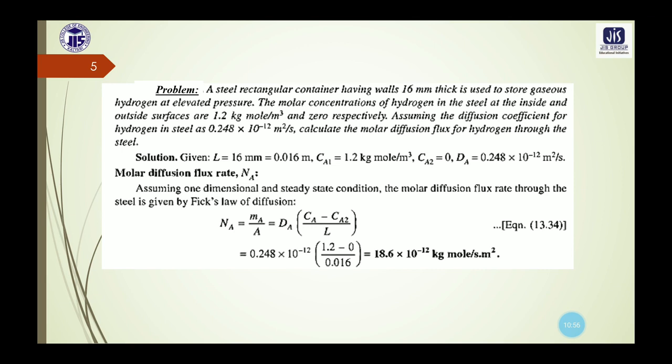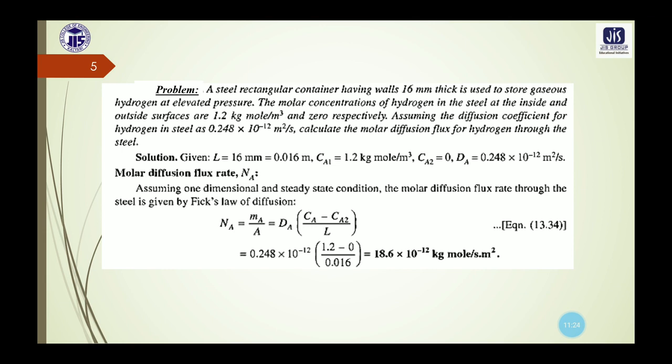To calculate the molar diffusion flux rate, that is NA, which is MA by A, we need to use this formula from Fick's law of diffusion. MA by A equals D into (CA1 minus CA2) divided by L. The value of D is given as 0.248 into 10 to the power minus 12.